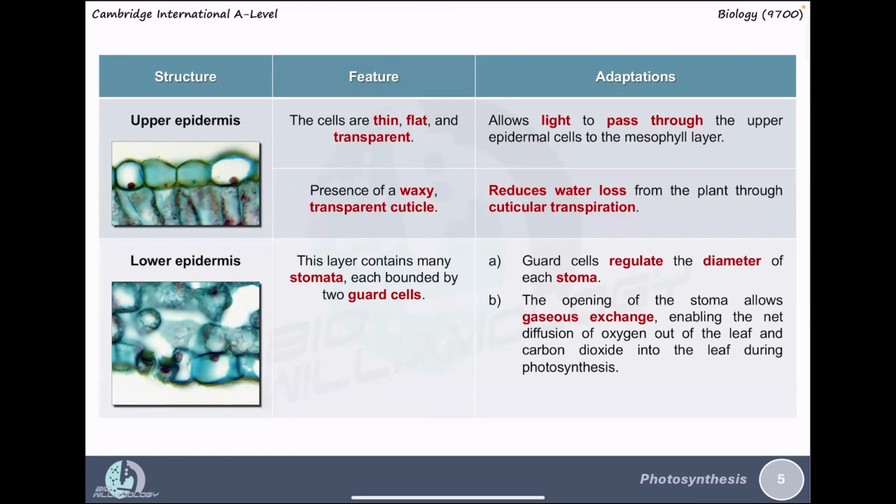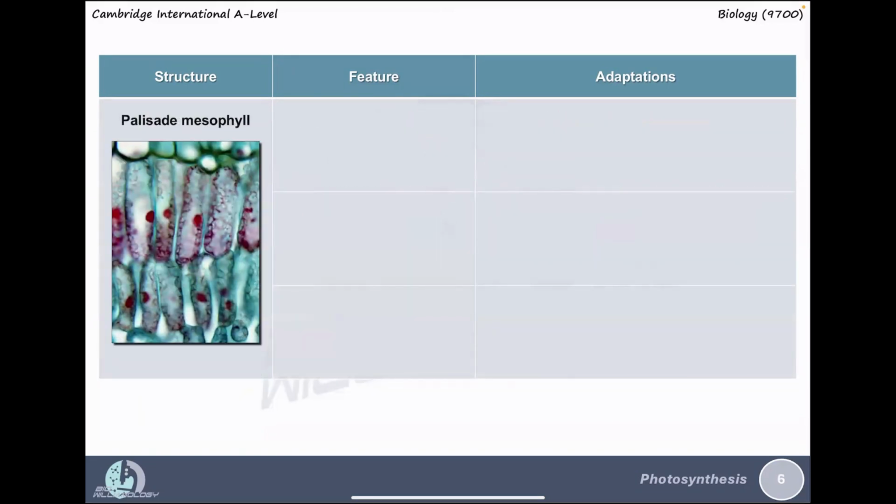The next layer, let us look at the palisade mesophyll, which is the most important tissue when we study chloroplast as well as photosynthesis. What are the features of the palisade mesophyll that enable them to adapt for photosynthesis?